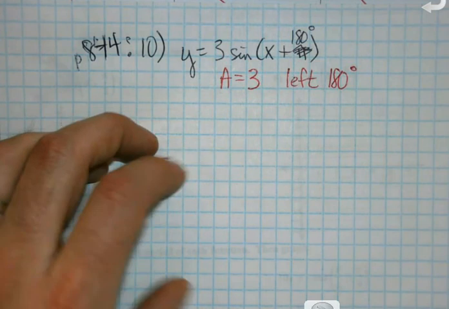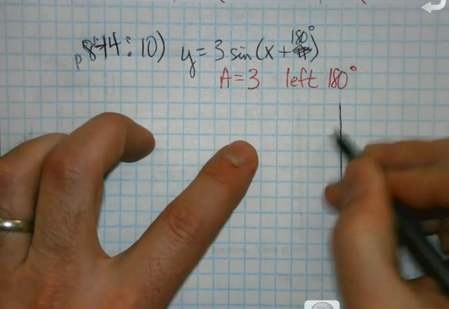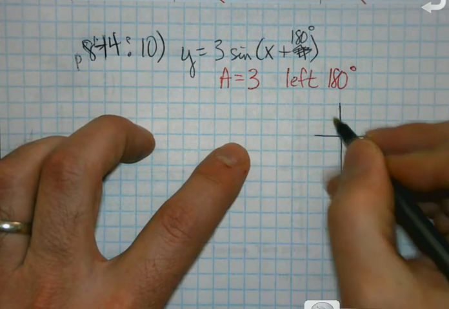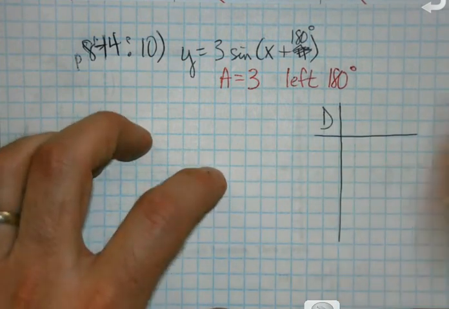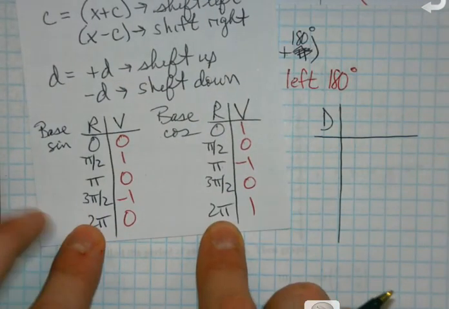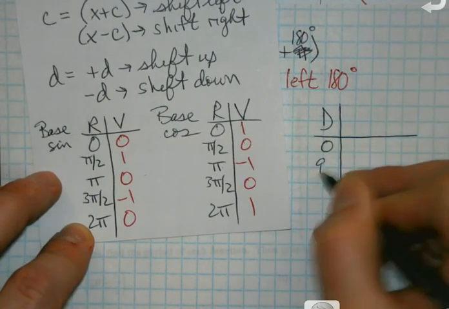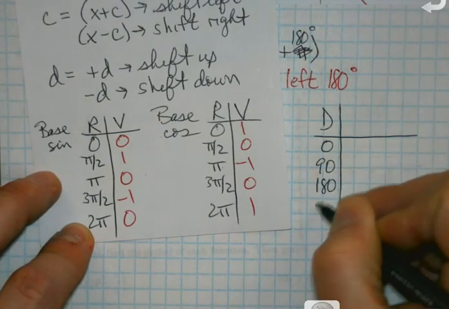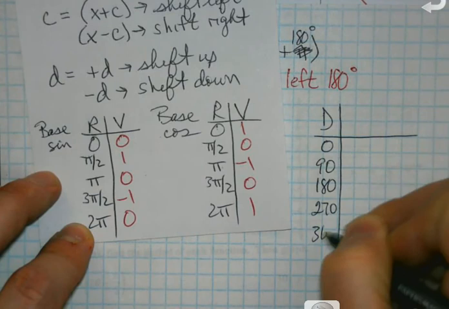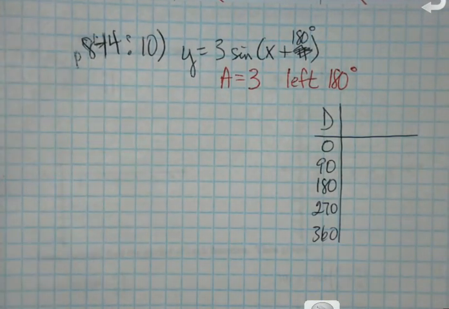So when I went to create my table, since we're in degree mode, normally our base graph is with degrees. Now here it's all in pi, that's what we're heading to, but since we're on our last fling, we didn't have any change in period, so it's still 2 pi, or 360 degrees in this case.